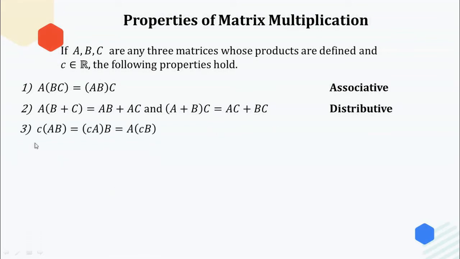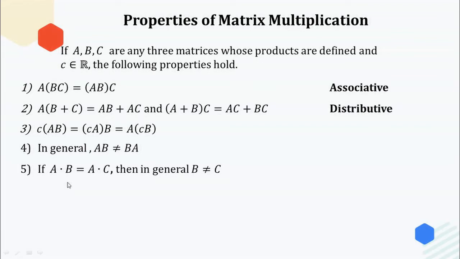And then the third, for the scalar c, c times AB is also the same as cA times B or A times cB. In general, AB is not equal to B times A, everyone. Number 5, if A times B equals A times C, then in general B is not the same as C. And if AB equals 0, we cannot conclude anything.